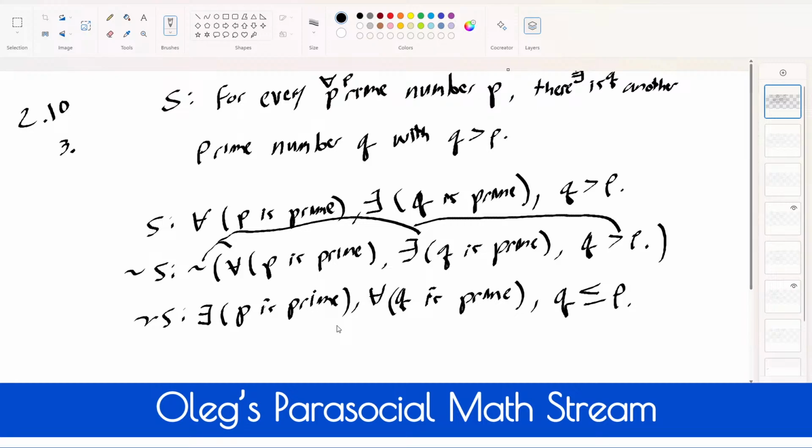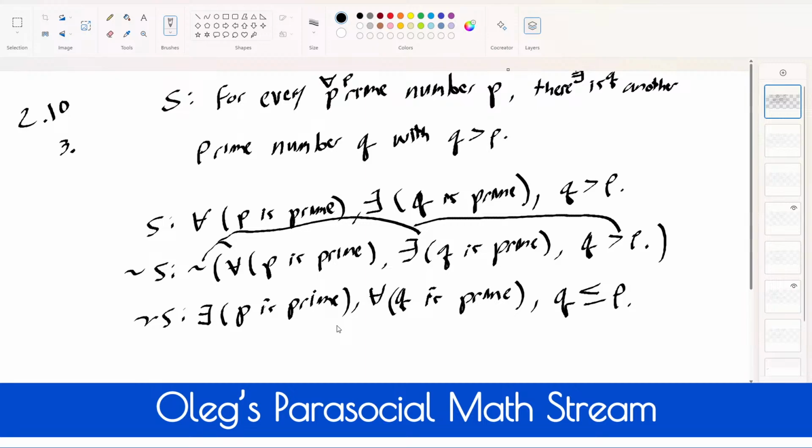There's a prime number P such that for every prime number Q, Q is less than or equal to P. So again, is there a prime number P that's going to be bigger than any Q number that you have? That's a true statement. But remember I said earlier that one has to be true and the other one's false?